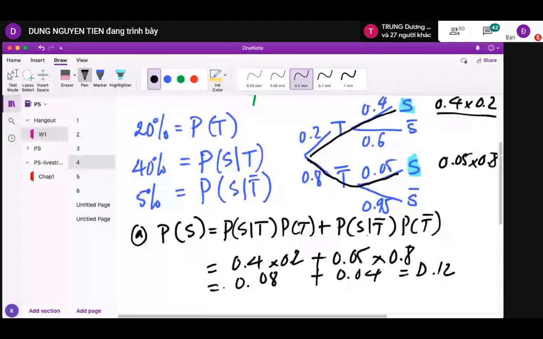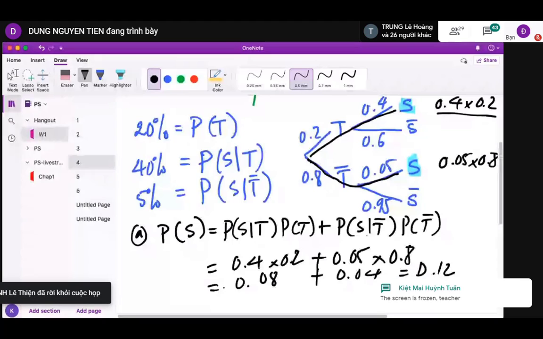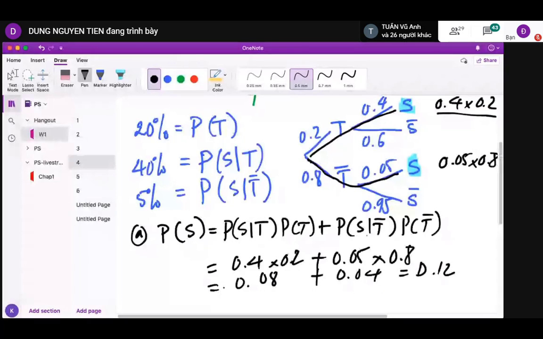So you want to find the probability that the first scenario occurs, not the second.